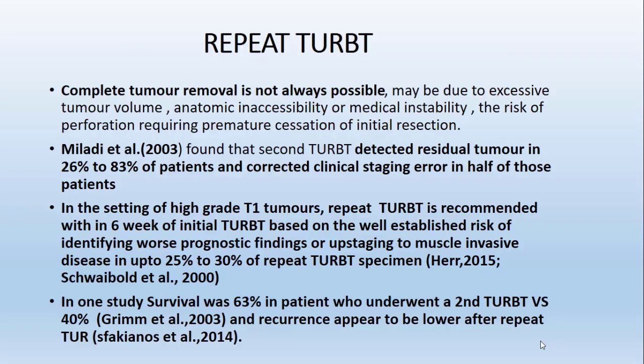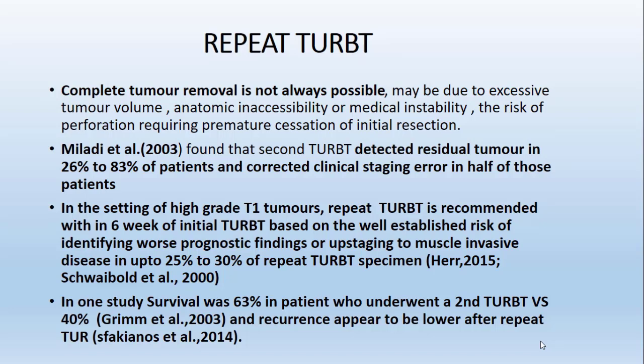So, repeat resection. Complete tumor removal is not always possible, maybe due to excessive tumor volume, anatomic inaccessibility like diverticulum, or medical instability of the patient, or a risk of perforation that requires premature cessation of initial resection. A study found that a second TURBT detected residual tumors in 26% to 83% of patients and corrected a clinical staging error in half of those patients.